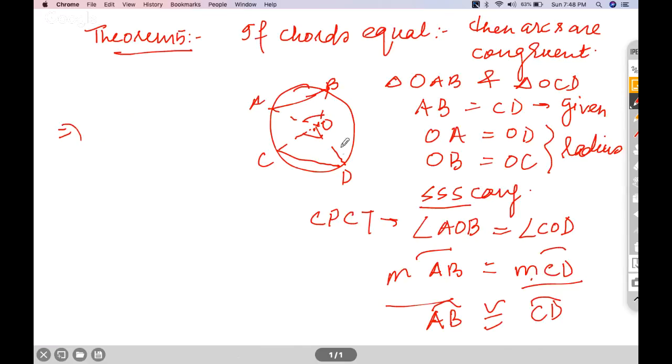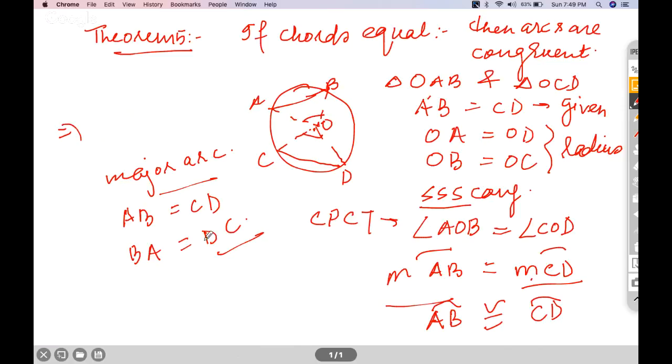So this is for minor arc. For major arc, what we need to do is write that as AB is equal to CD, so BA would be equal to DC. You just need to add, and this major arc would be equal.